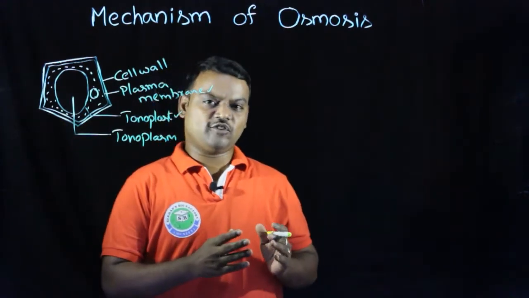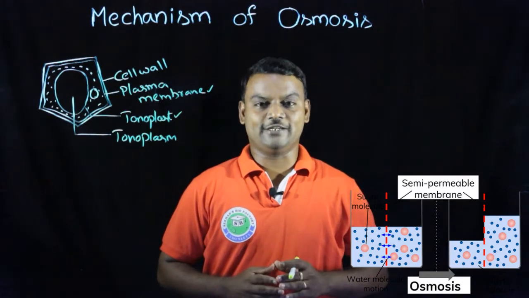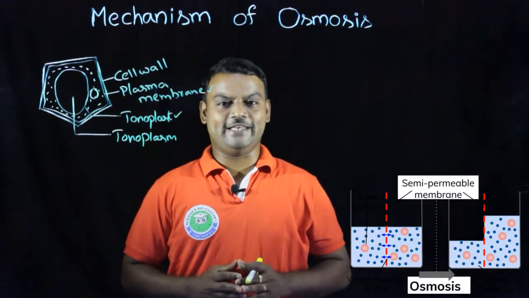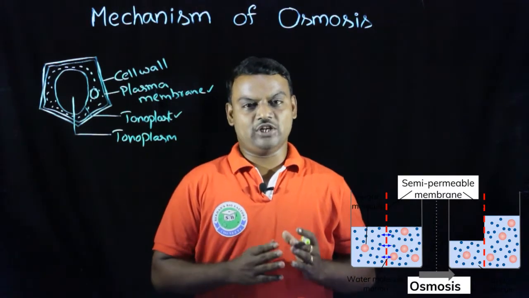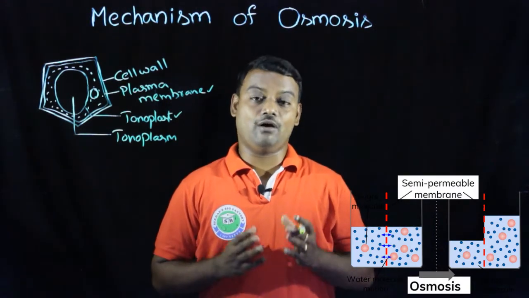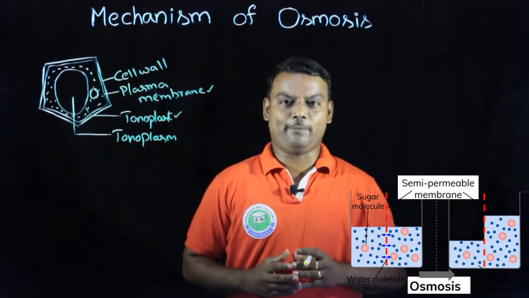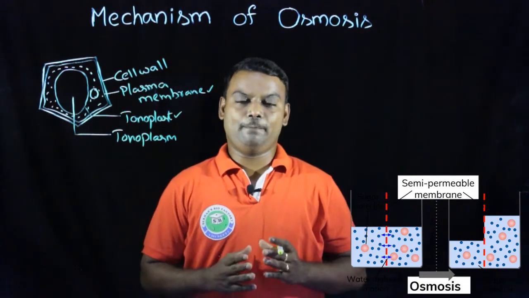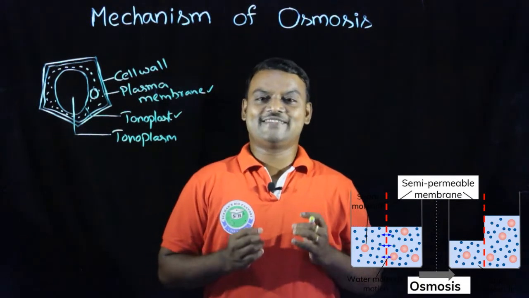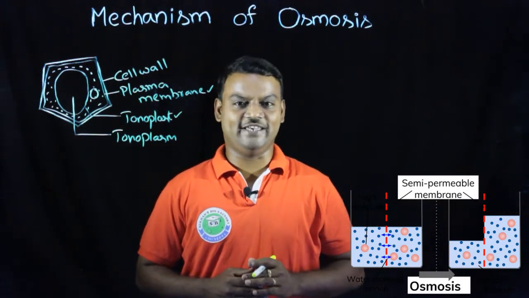During this osmosis process, the movement of water or solvent always takes place from a region of higher water potential or concentration or chemical potential to a region of lower water potential or concentration or chemical potential through a semi-permeable membrane. This is called osmosis.